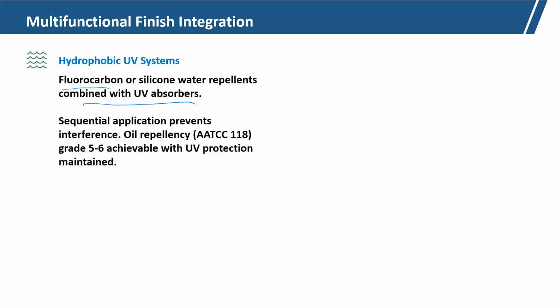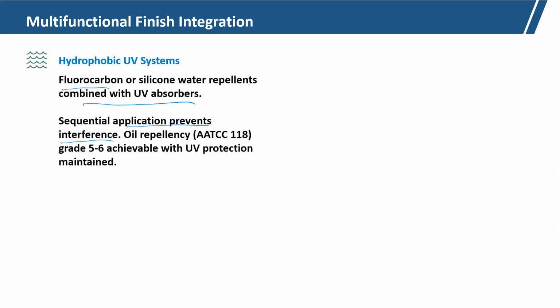Here we actually apply them in a sequential manner. Silicone is water repellent, so we apply it separately, and then in sequence along with the UV absorber. Sequential application prevents interference, because the application requirements like solvent or temperature will be different.